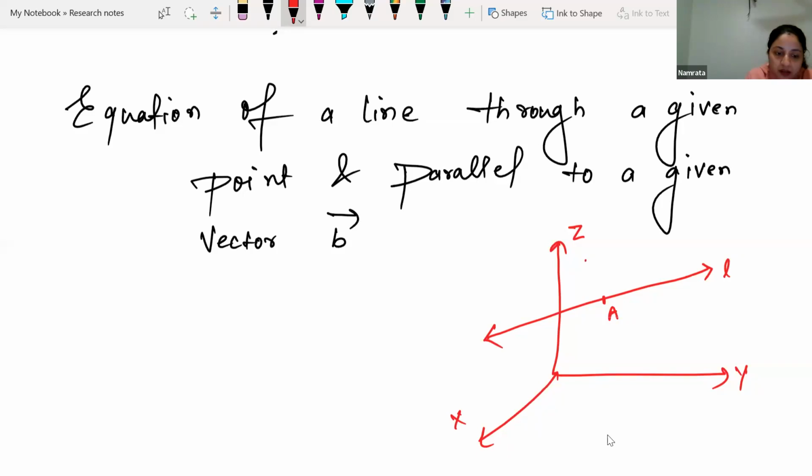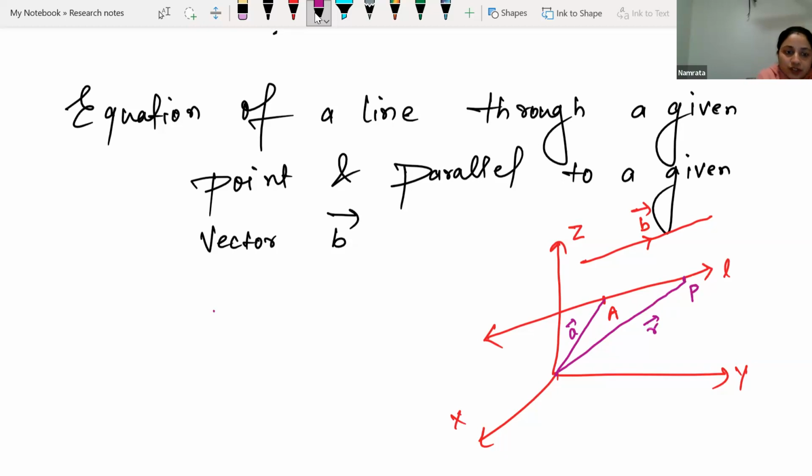This line is parallel to this vector B. Here the position vector of this point is A. There is a random point P on it, and its position vector is R, let's say.